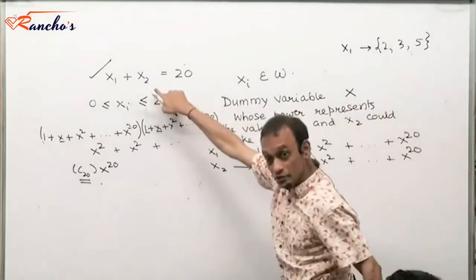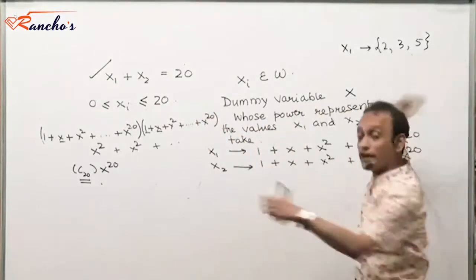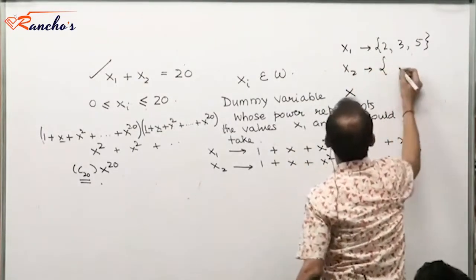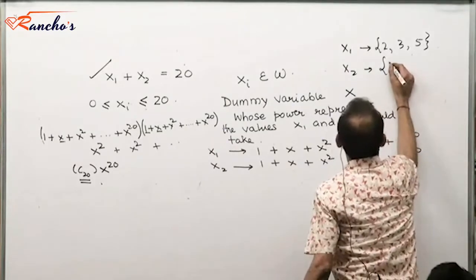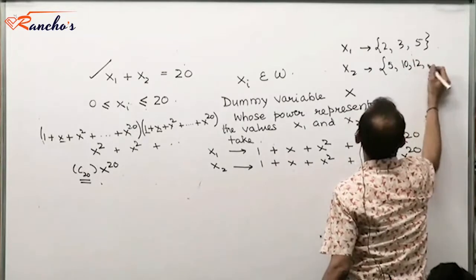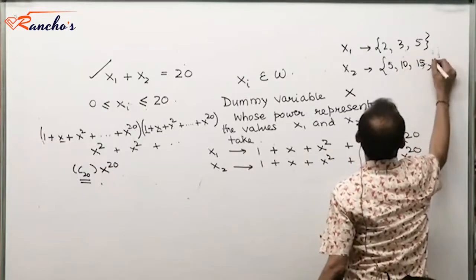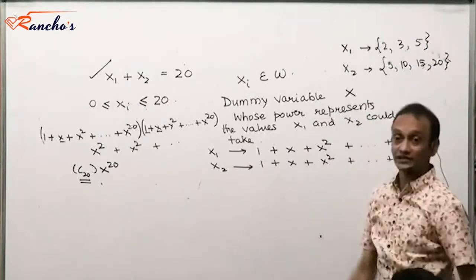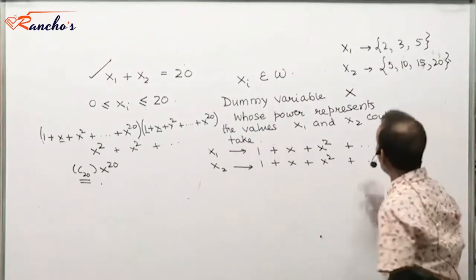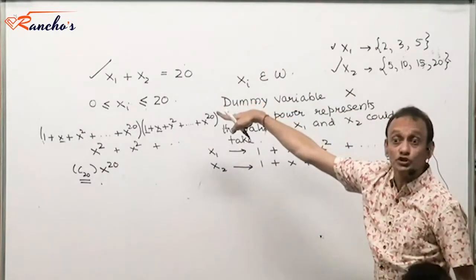I want to find the number of whole number solutions to this equation, but again with another condition. x1 will take values like 2, 3, 5 and x2 will take values like, let me make it simple, 5, 10, 15, 20. These are the values that x2 could assume, right? And now with this additional constraint, I want to find the number of whole number solutions to this equation.